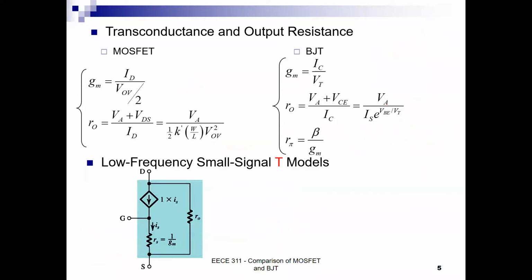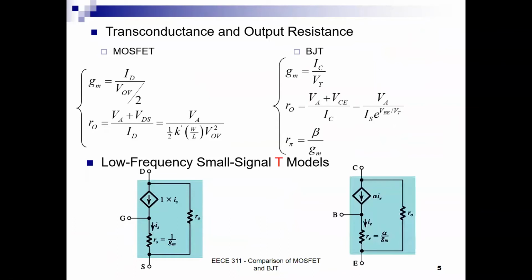Now for the BJT, what differs is that you have here IB, so the small signal ib is no longer 0. We have RO still between the collector and the emitter nodes of the BJT. It's telling us that the collector current is alpha times IE, which is true because we know that IC is beta IB, and IC is alpha IE, and alpha is beta over beta plus 1.